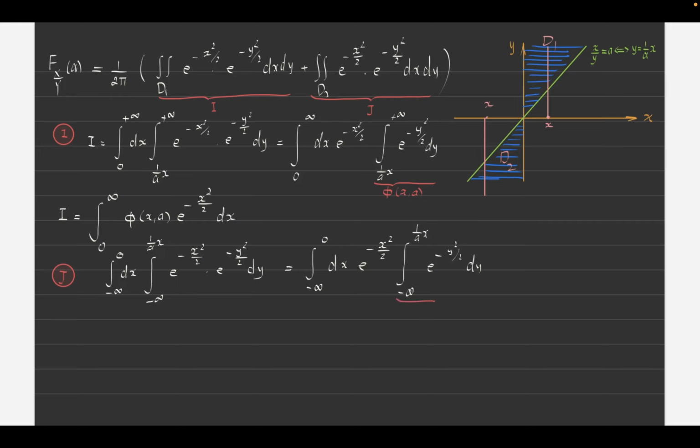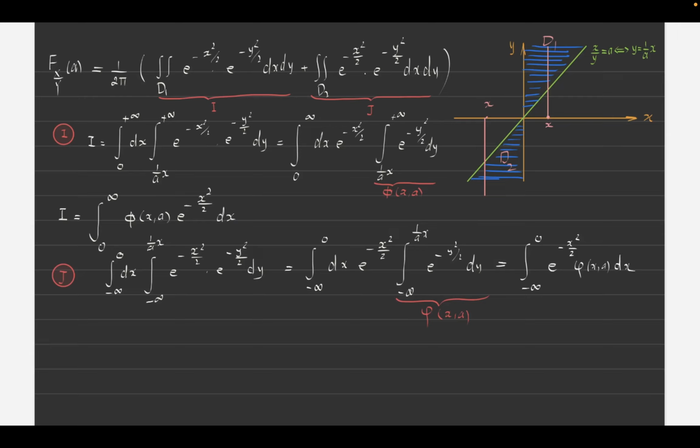This is just a function of x and a, so let me call it phi of x and a. So finally, this equals the integral from minus infinity to 0 of e to the power of minus x squared over 2 times phi of x and a dx.